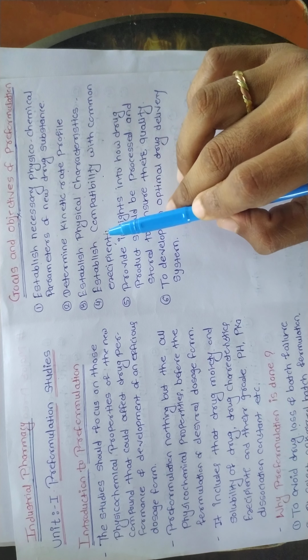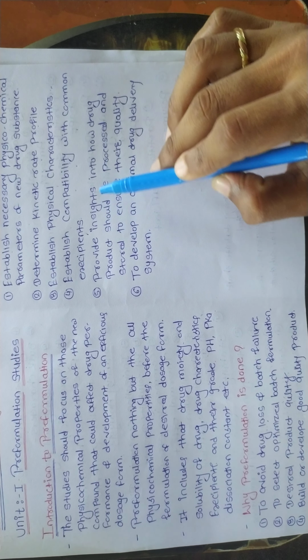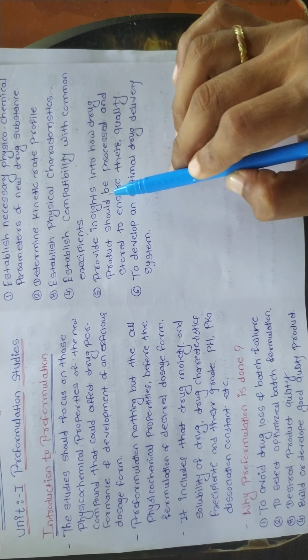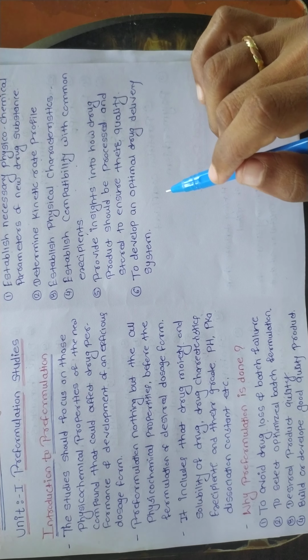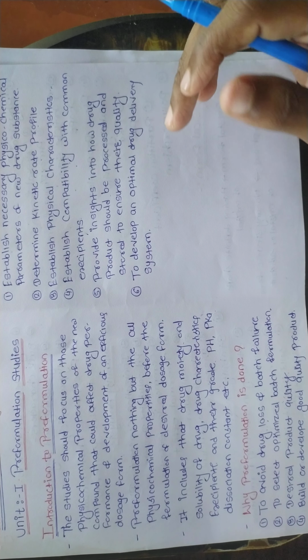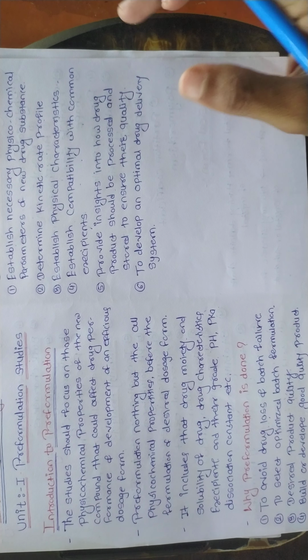That's why we use pre-formulation studies, which provide insights into how drug products should be processed and stored to ensure their quality, to build up a quality product after the manufacturing of the batch or the formulation of the desired product.